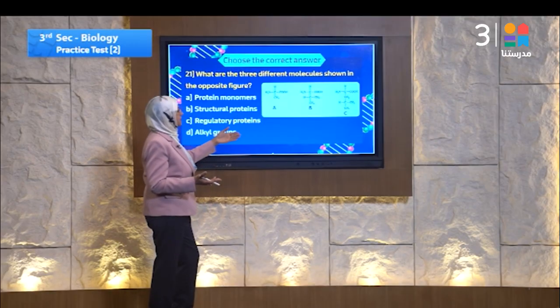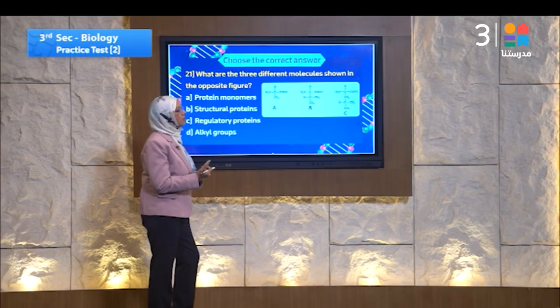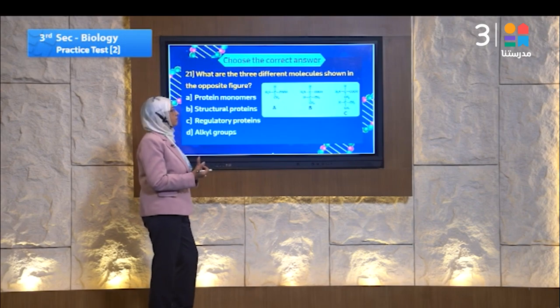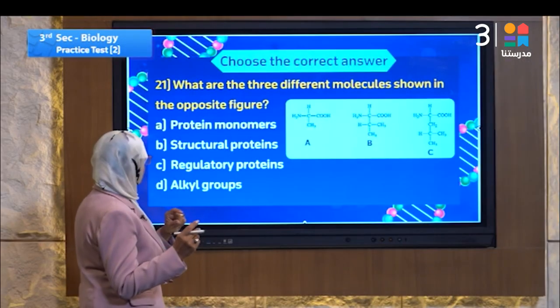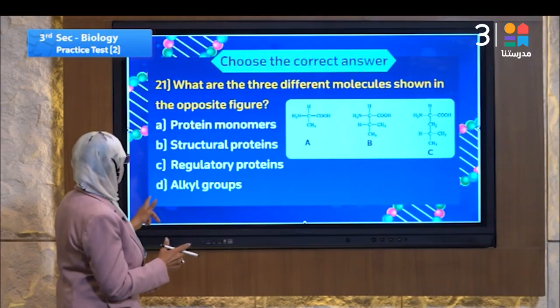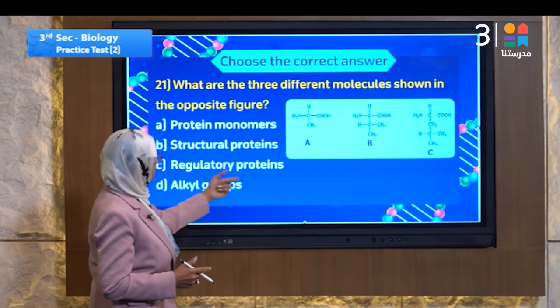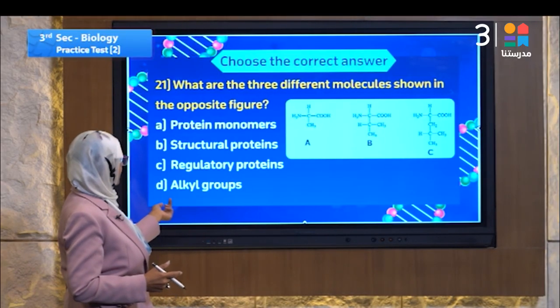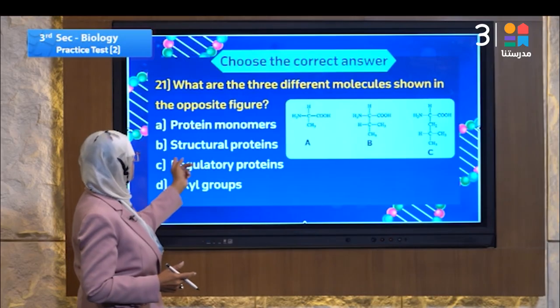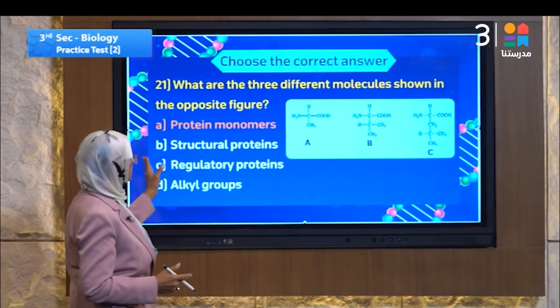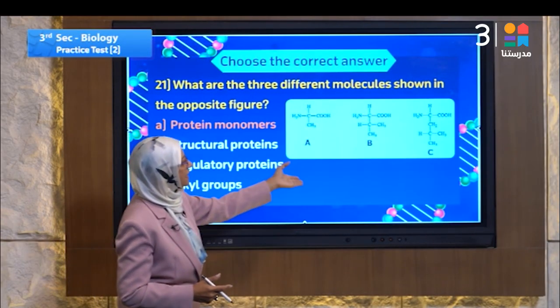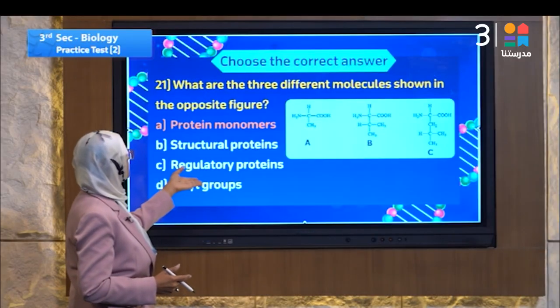How do I know that it's not a structural protein? It's a monomer because it consists of only a small unit. Regulatory protein, alkyl group? No, the answer is protein monomers. That's the structure of these 3 monomers.